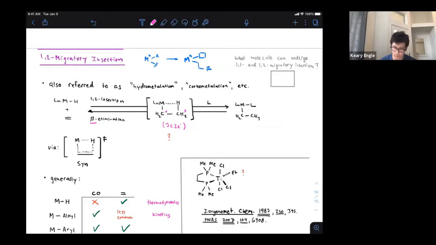After you form the metal carbon bond and the new CH bond, then there's another intermediate here that can be generated and is important in the reverse reaction. Does anybody? This is called the agostic intermediate.